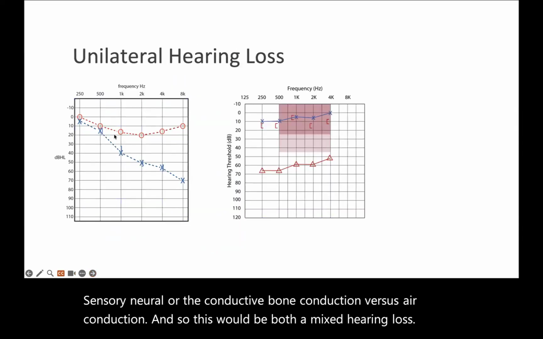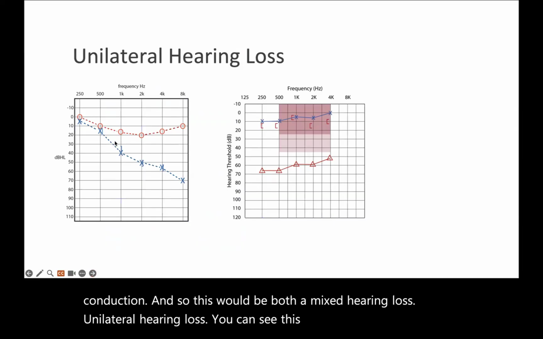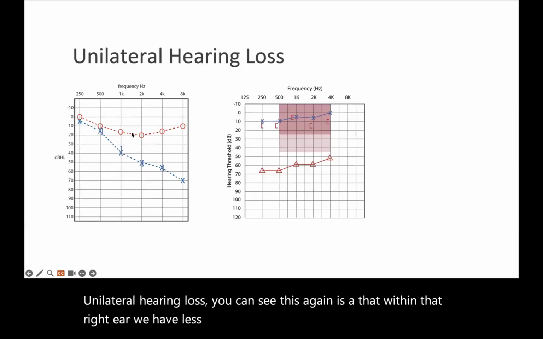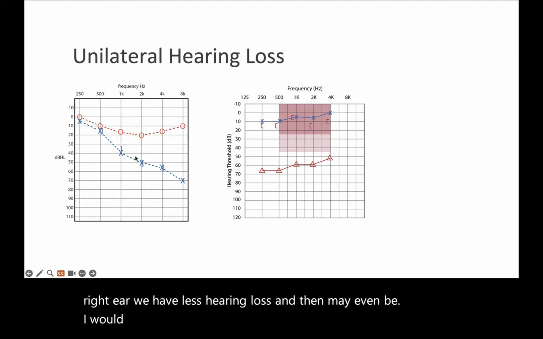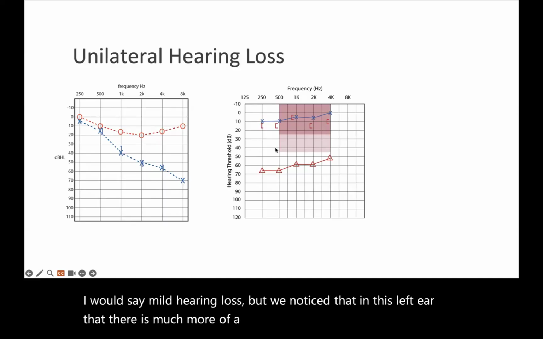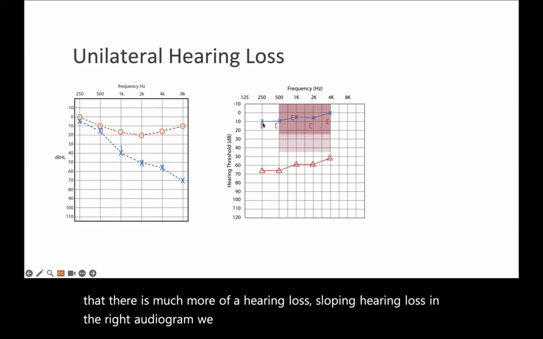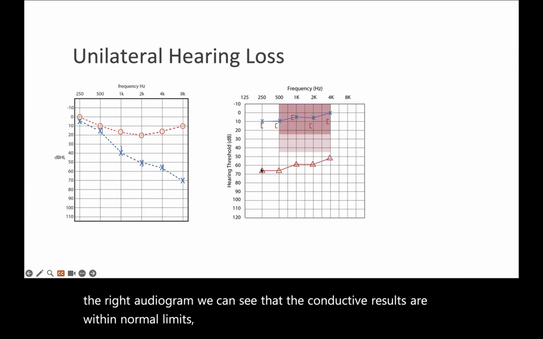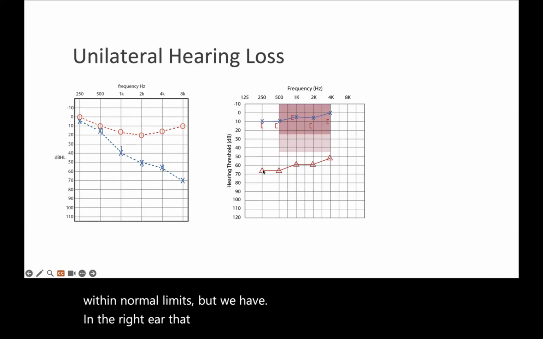Unilateral hearing loss. You can see again that in the right ear we have less hearing loss, maybe even mild hearing loss, but in the left ear there is much more of a hearing loss, a sloping hearing loss. In the right audiogram, we can see that the conductive results are within normal limits, but in the right ear we definitely notice that there is a difference here.